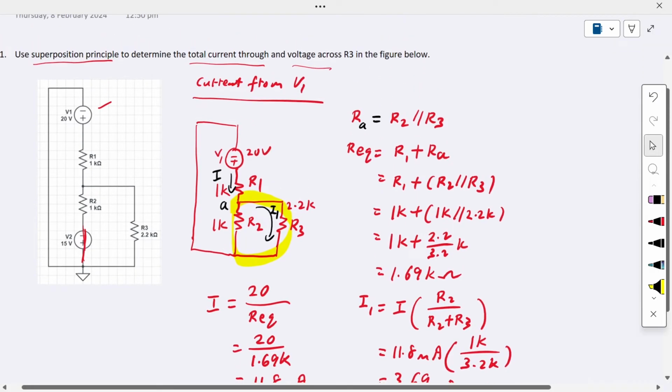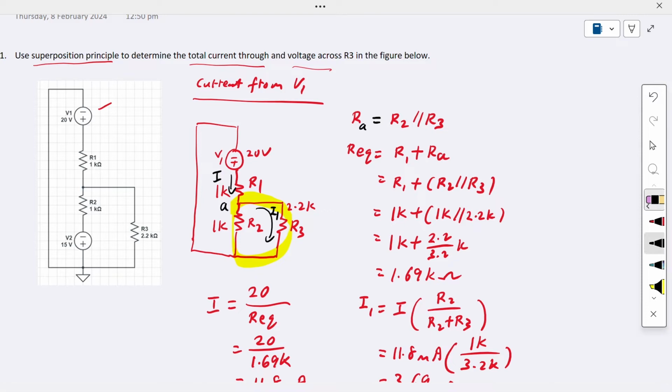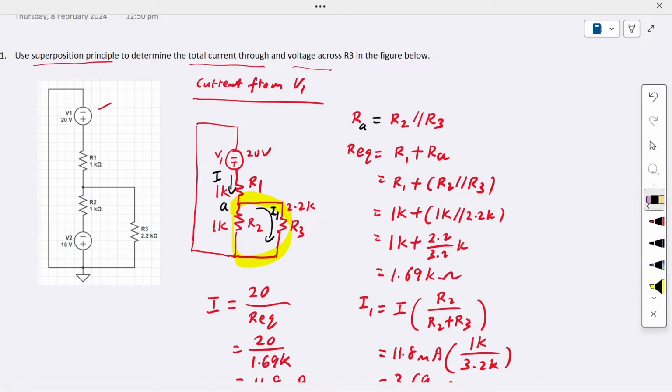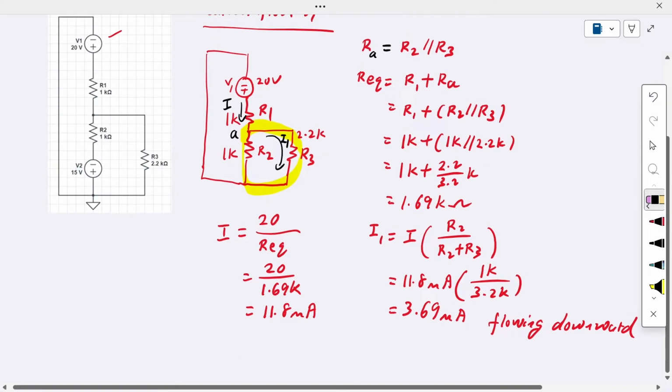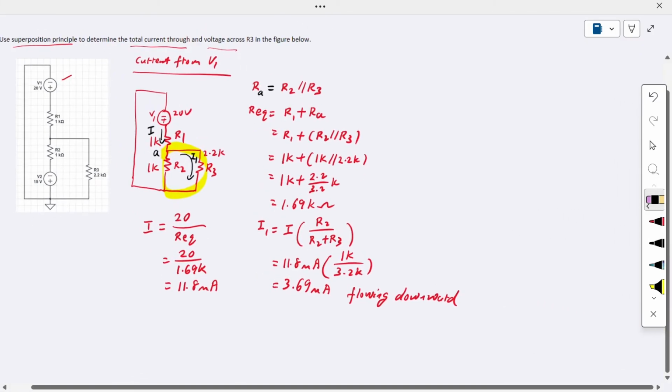Next we want to calculate the current contribution from V2. From V2 we redraw the circuit. We shift this to the side.